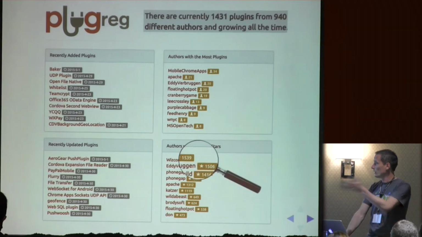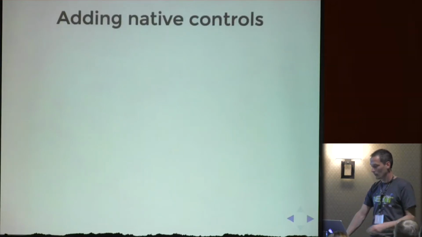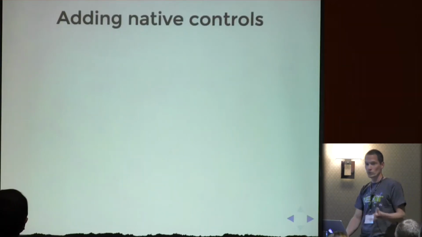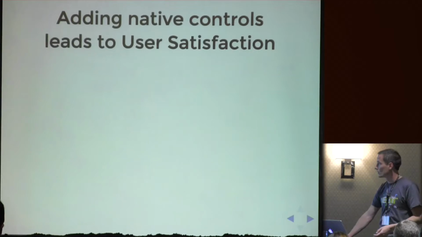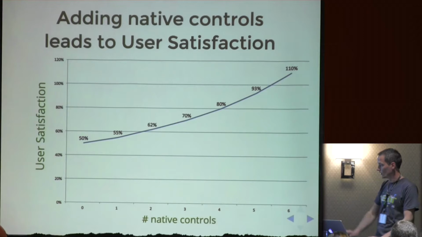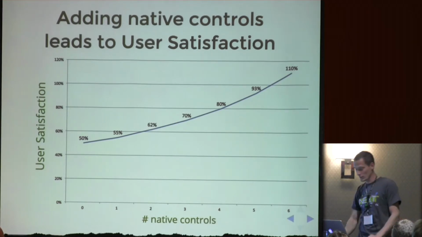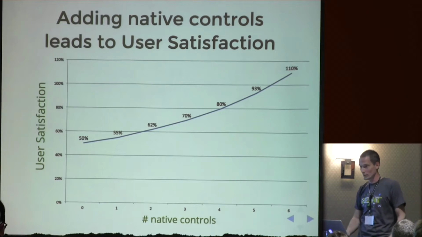But why would I use these plugins in my project, you may ask? Well, adding native controls, or what you can do with plugins, leads to user satisfaction, as this graph clearly shows. Adding more native controls leads to more user satisfaction, so that's a nice motivation.